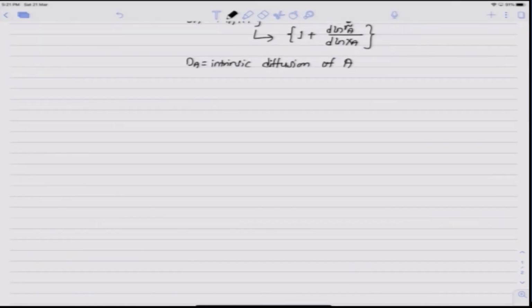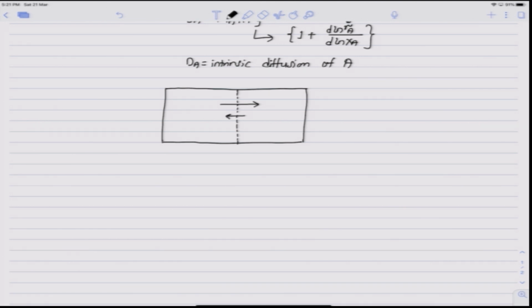So, to illustrate this, consider diffusion between two different alloys, and suppose A diffuses from left to right and B diffuses from right to left, and suppose the intrinsic diffusivity of A is greater than that of B.